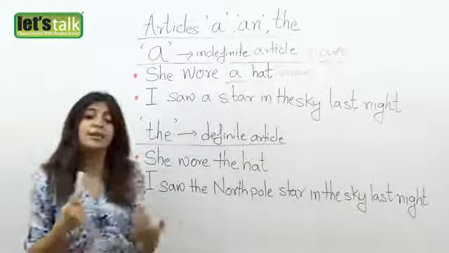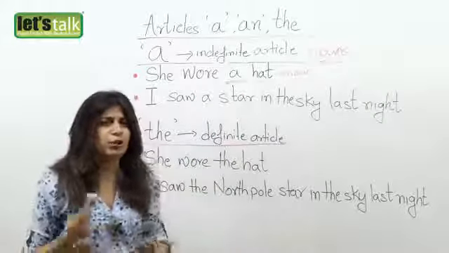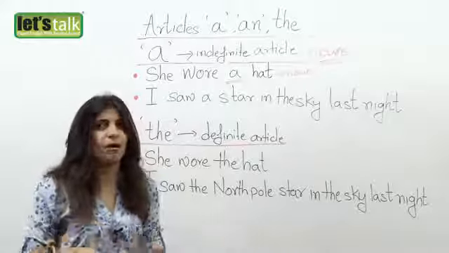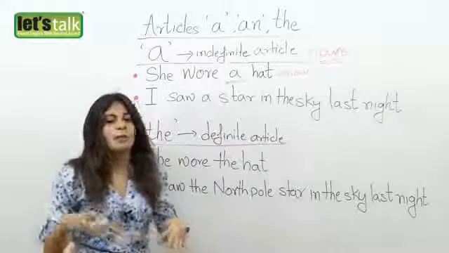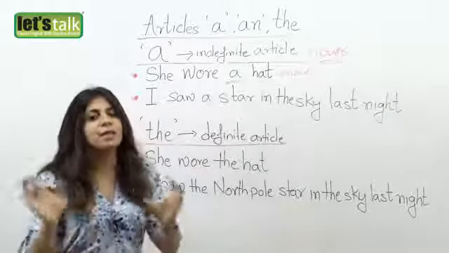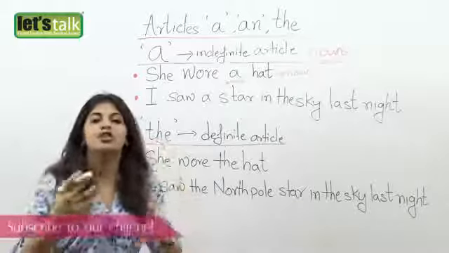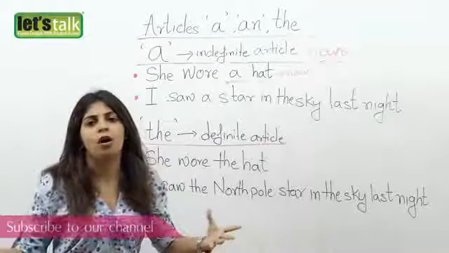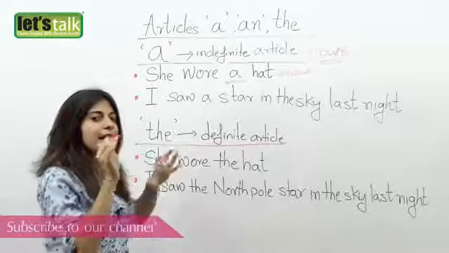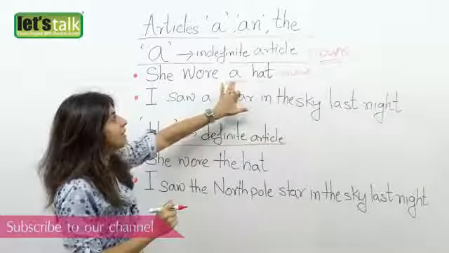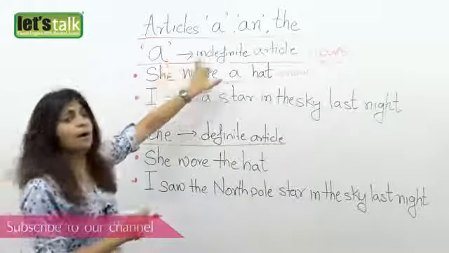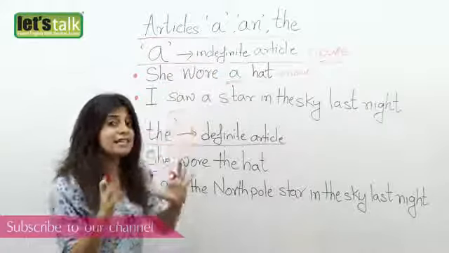Now, if I tell you she wore a hat, you don't know what hat I'm talking about. Maybe it's a pink hat or maybe it's a round hat. So nothing in particular that I'm talking about. It's just a general idea that she wore a hat. So nothing is definite. So basically, a is your indefinite article.